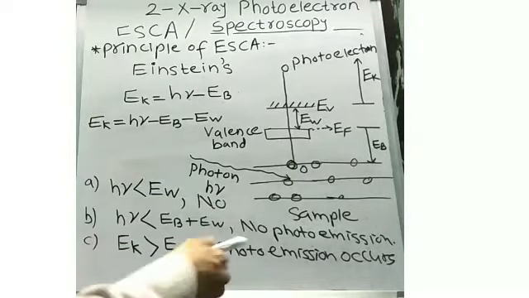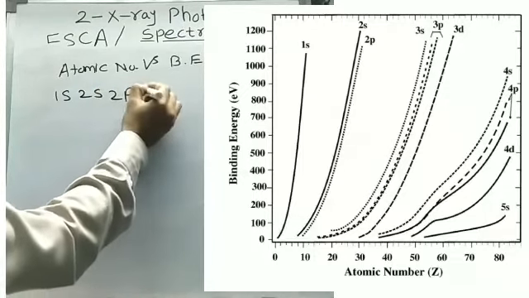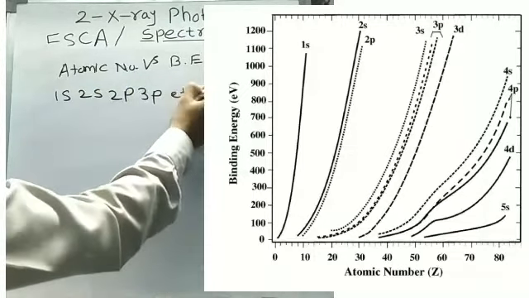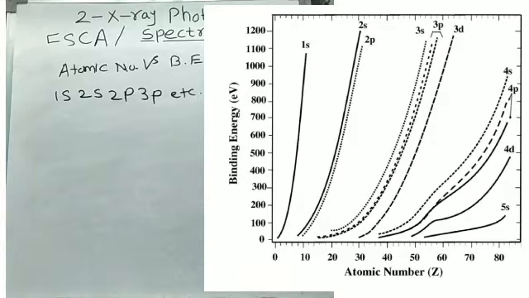This figure shows different curves of different atomic orbitals, that is 1s, 2s, 2p, 3p, etc., 4s, 3d, etc. The figure shows the binding energy of different levels of an element depends on the energy level.